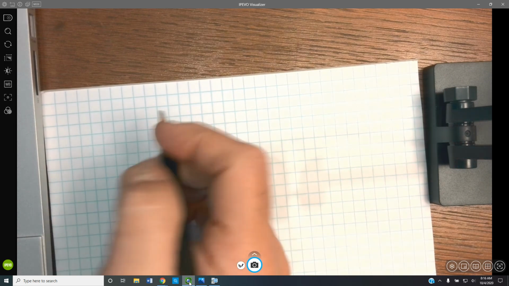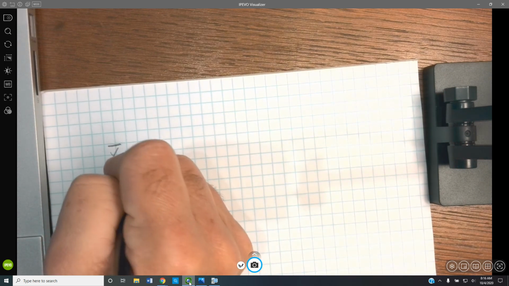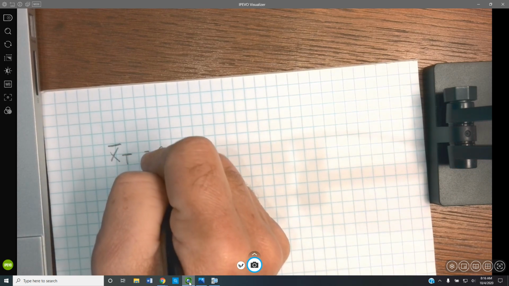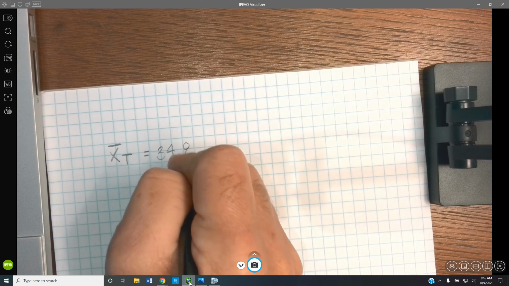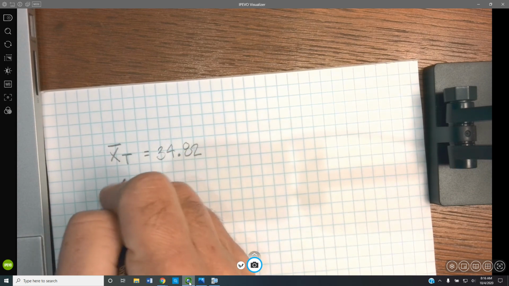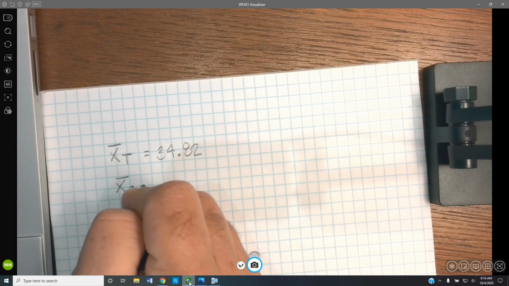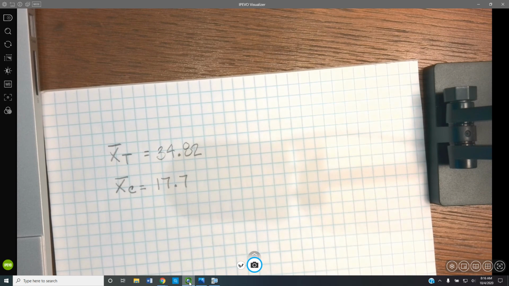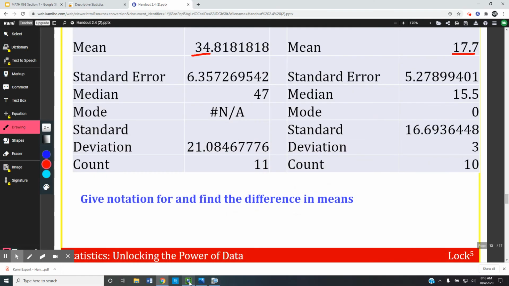So let's talk mean of T. The mean of T was 34.82. The mean value for coffee was 17.7. So, and it says, let's go back, let me get the question.